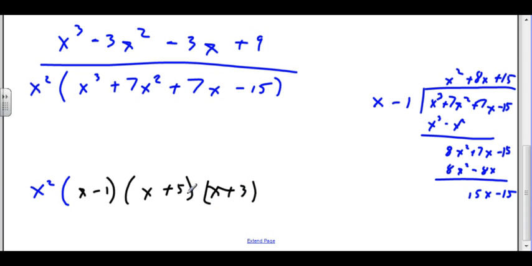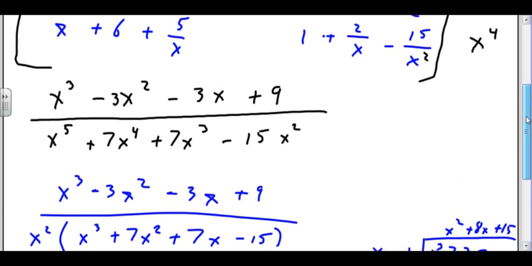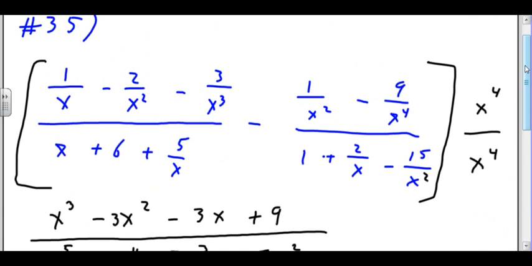And now the issue is, why can't we factor the top guy? Why would the author give us a problem where the top guy doesn't factor? That doesn't make any sense. So we'll come back to the original problem, make sure we have it written right. 1 over x minus 2 over x squared minus 3 over that, 1 over that, 9 over that, top and bottom by x to the 4th: x cubed minus 3x squared minus 3x plus 9.